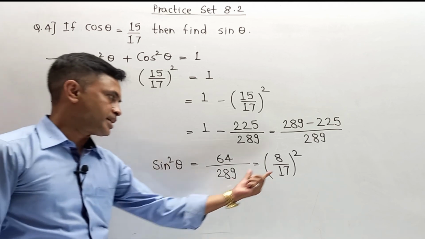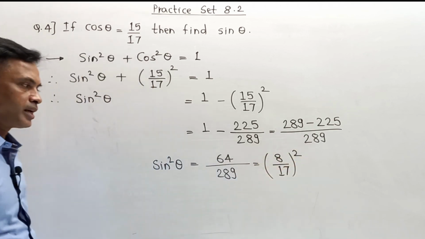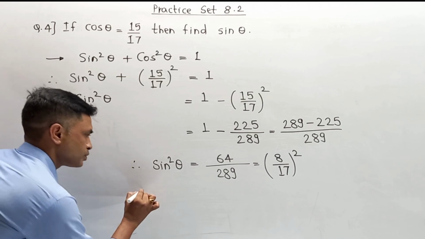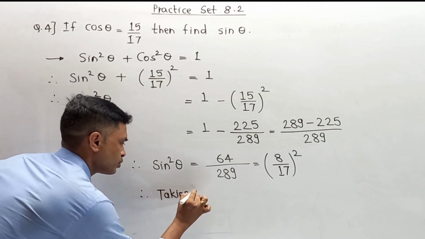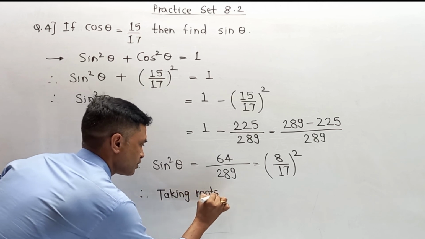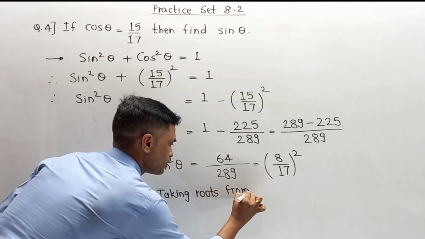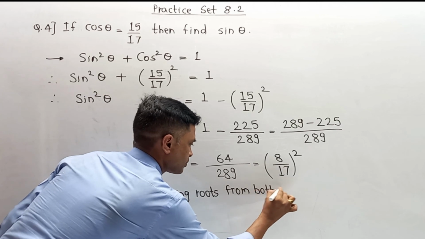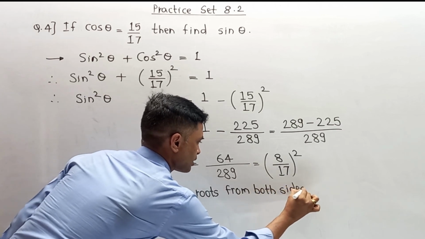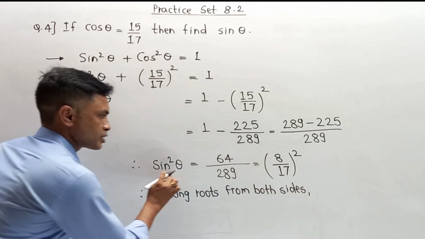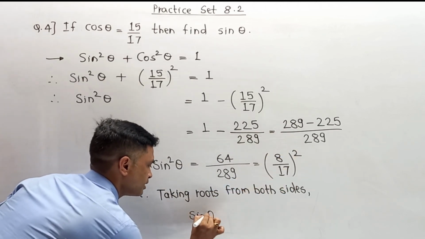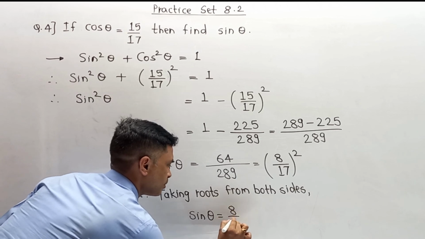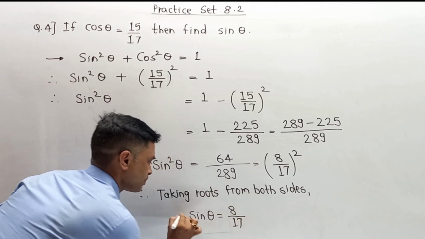Naturally sin square theta is (8 upon 17) whole square. Taking roots from both sides, sin square theta is (8 upon 17) square. Therefore sin theta is 8 upon 17.